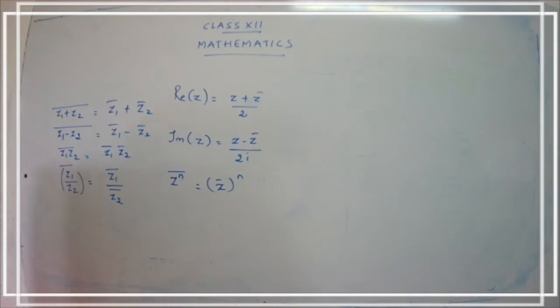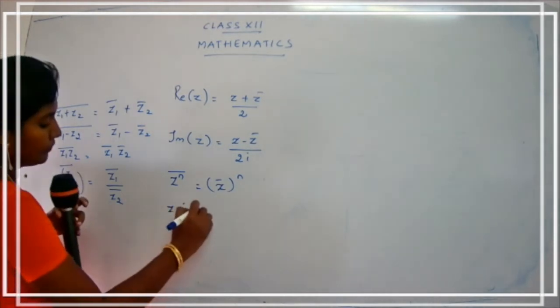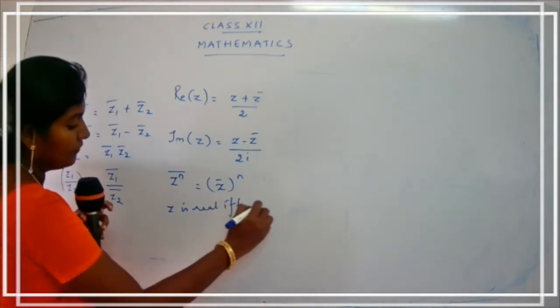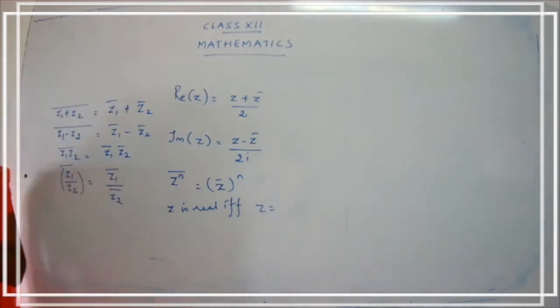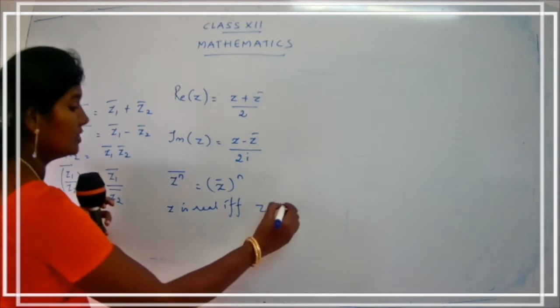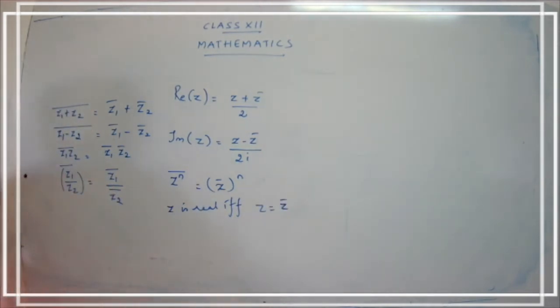And also we have seen that Z is real if and only if Z is equal to Z bar. When is Z real? Z is real if and only if Z is equal to Z bar, that is Z conjugate.